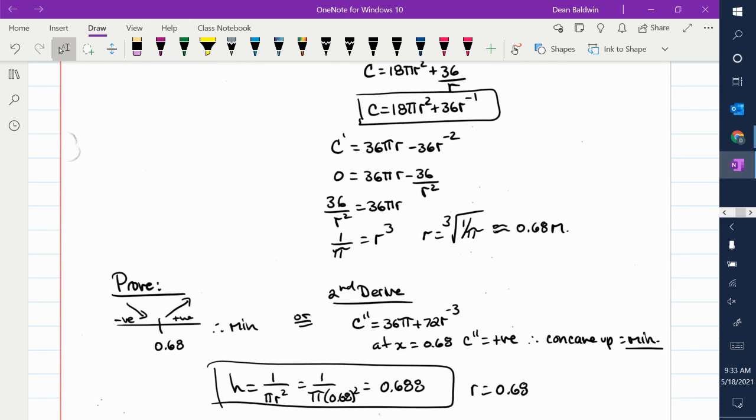Your choice of what you want to do. First derivative, decreasing, increasing, it's a min. Second derivative, there's the second derivative. Put 0.68 into it, you get a positive number which has it concave up, which means it has to be a min at the critical point. And then if you want to find h, it actually works out to be basically the same number.